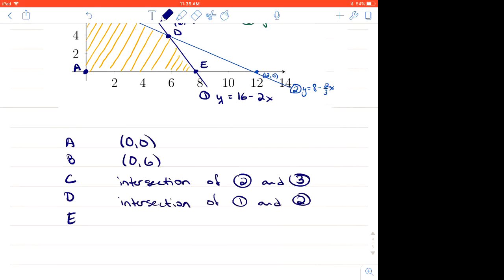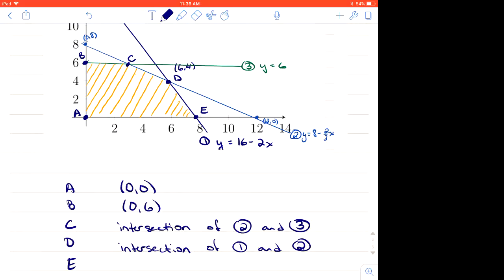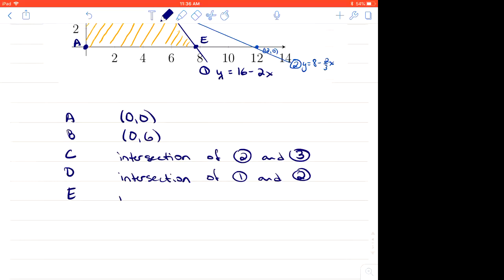And E is the intersection of 1 and the x-axis. The x-axis is always y equals 0. Right? So it's the intersection of 1 and y equals 0.